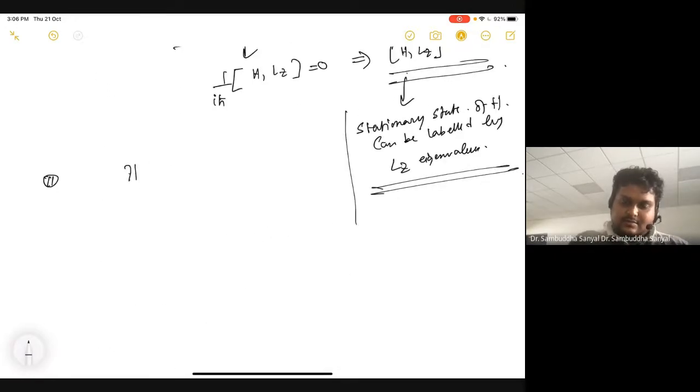So my full problem is H, and my eigenstate is given by psi m of rho, phi, the two coordinates.